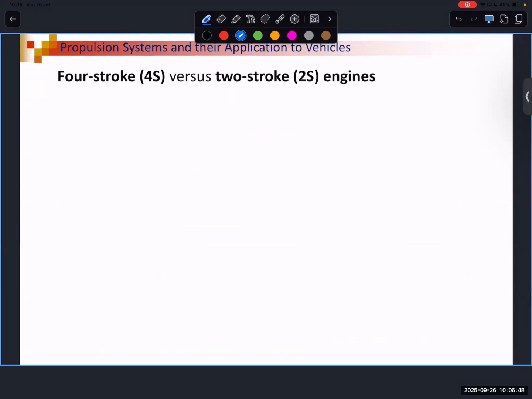To conclude this part, maybe a couple of minutes before the break, let's try to summarize some of the differences that we can consider for a four-stroke engine. In a four-stroke engine, we are using two strokes for the gas exchange process.